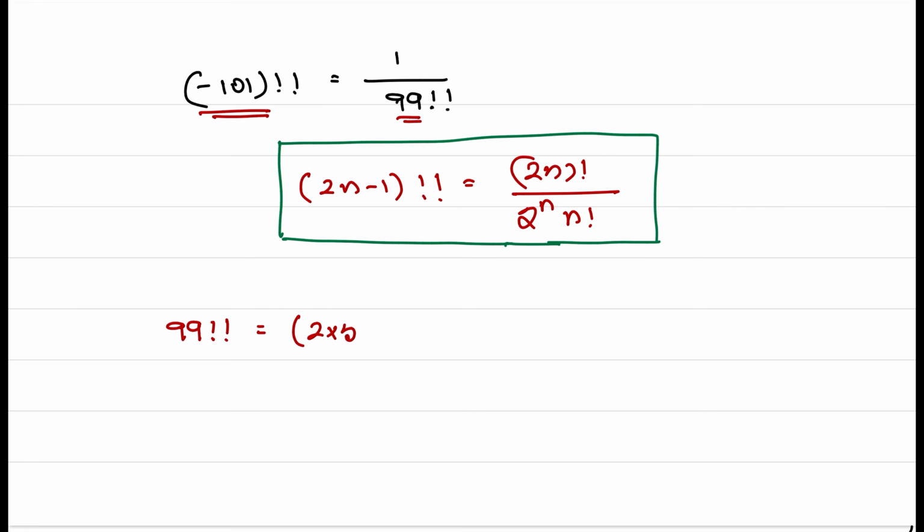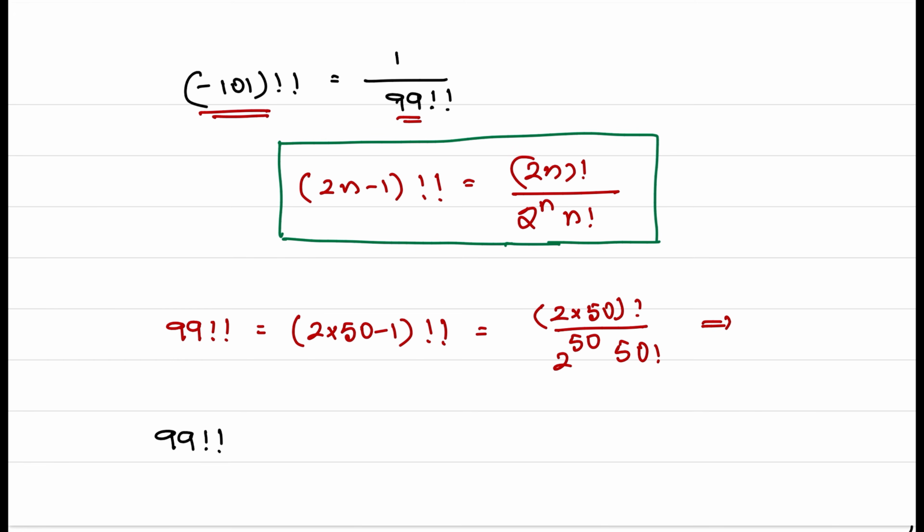So it is (2 into 50) factorial by 2 to the power of 50 into 50 factorial. That implies 99 double factorial is equal to 100 factorial divided by 2 to the power of 50 into 50 factorial.